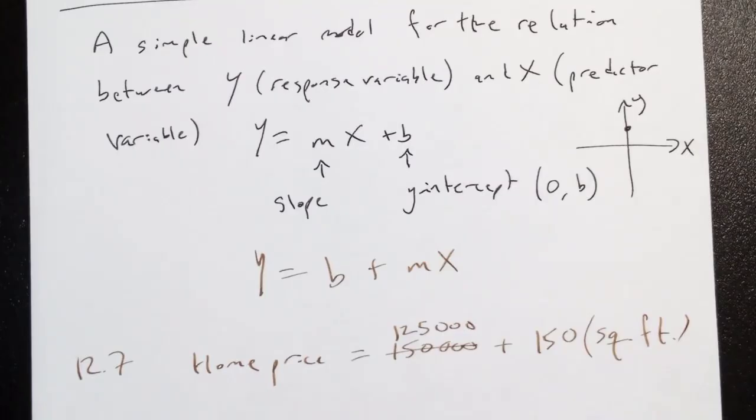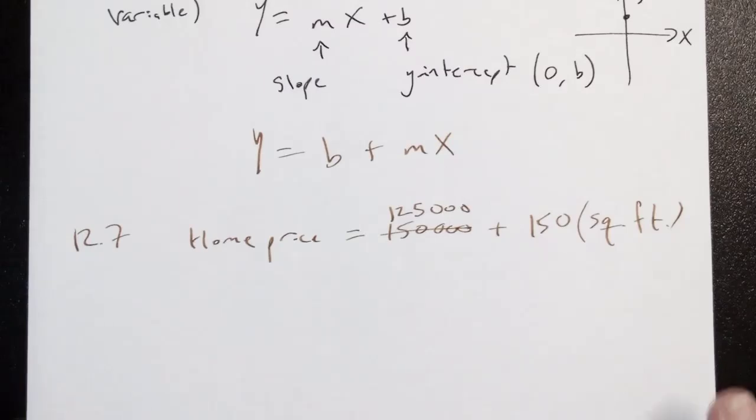So let's interpret this and make some comments about what these numbers represent, not just mathematically, but in actual terms of the setting of this problem. If I tell you that home price is 125,000 plus 150 times square footage, what does that 125,000 represent?